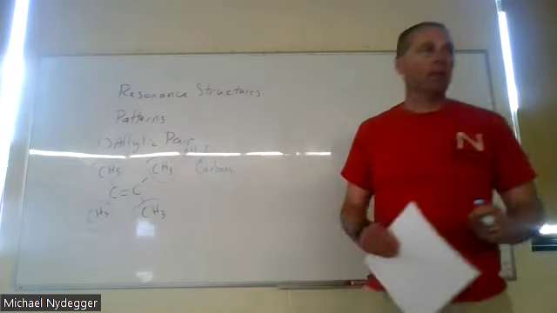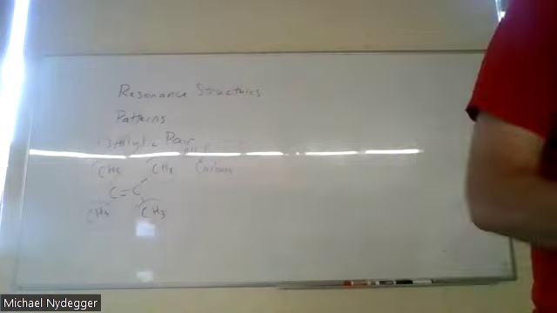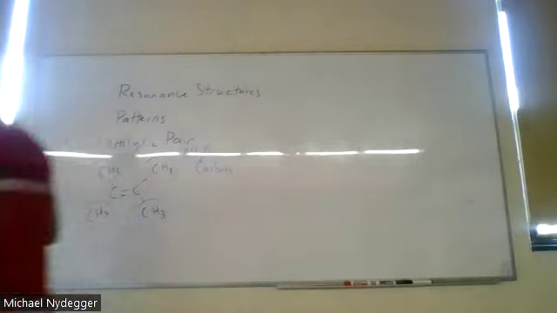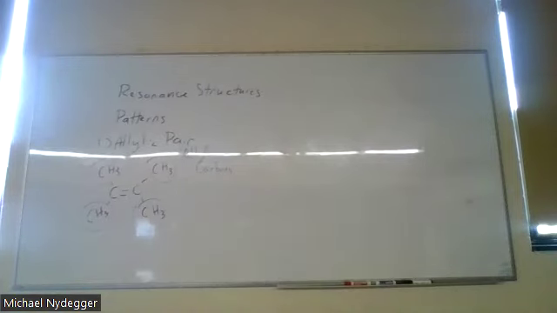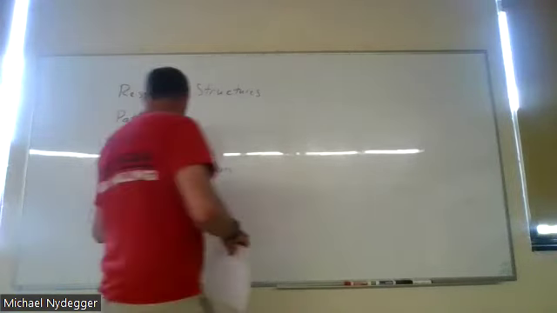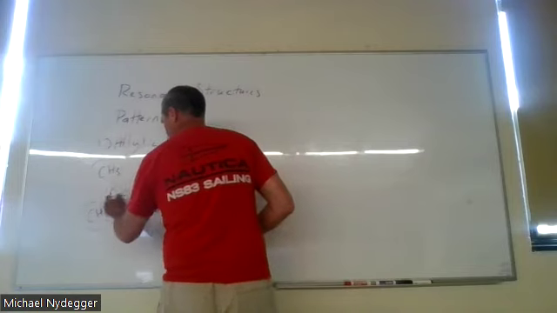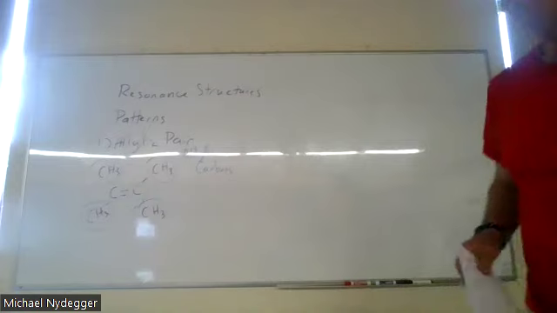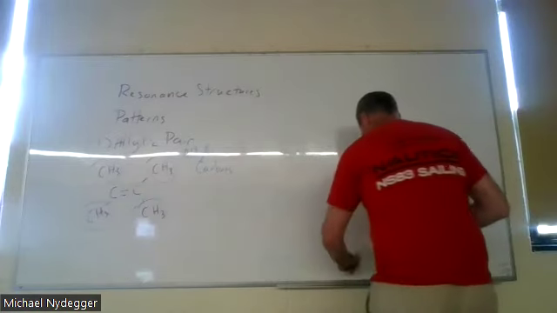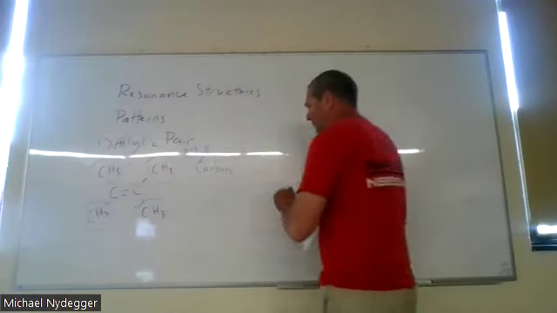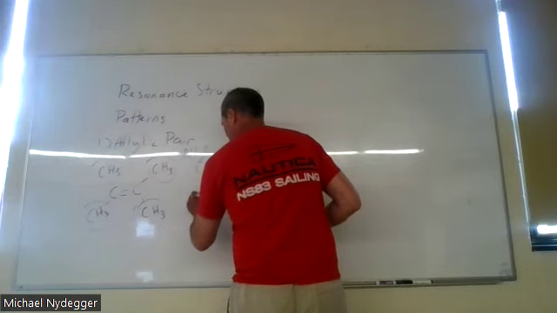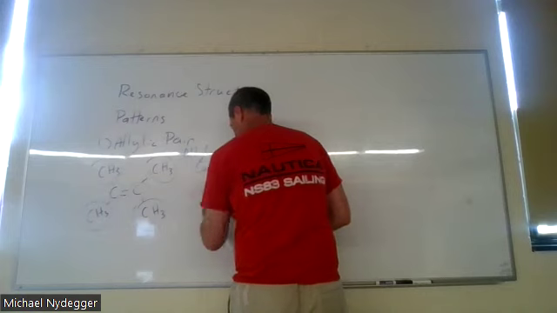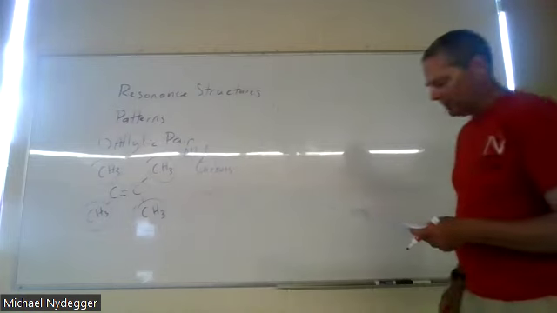These two carbons are what are called the vinylic group. So they're going to be the vinylic carbons.